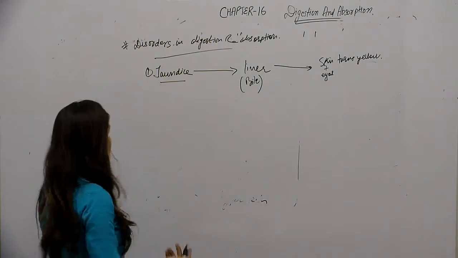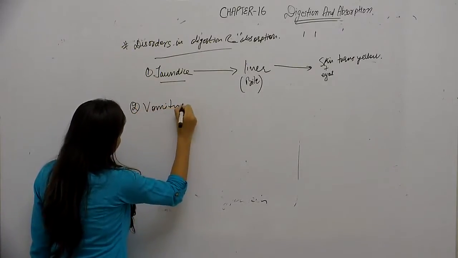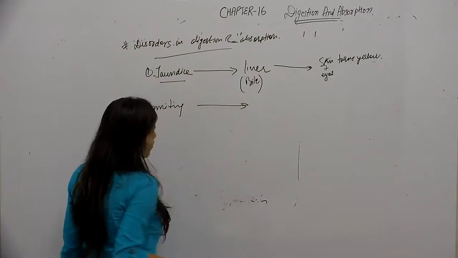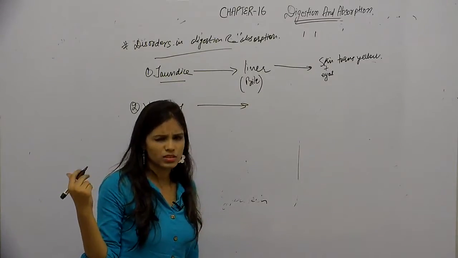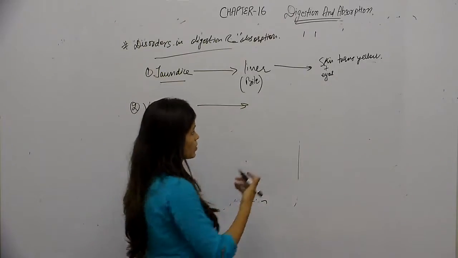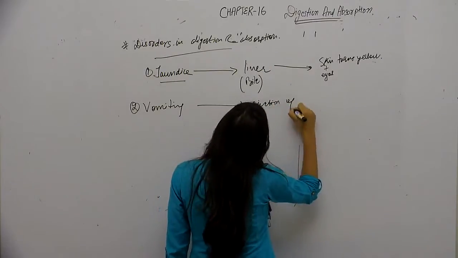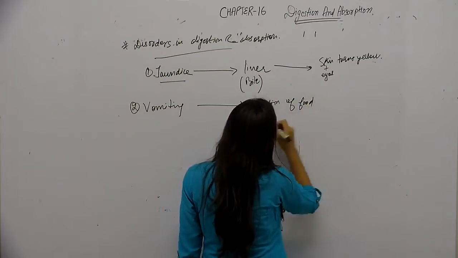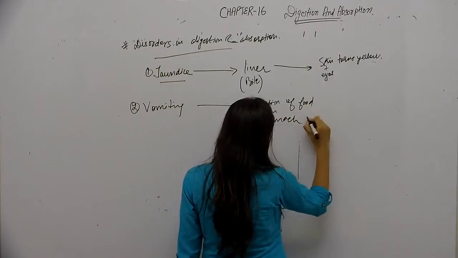Now the second disorder which occurs is vomiting. What happens in vomiting is that the food which is present in the stomach gets ejected out from the mouth. Ejection of food in stomach through the mouth.